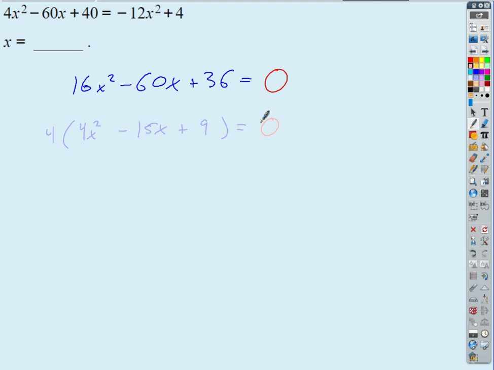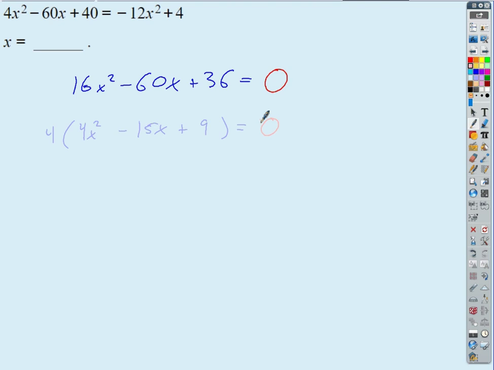Okay, I wrote that lightly because that's a step you don't even have to do, right? The next step would just be to divide each side by 4, wouldn't it? Because remember, it's okay to divide both sides of an equation by a number. That's always fair game. But I just can't divide both sides of an equation by a variable.